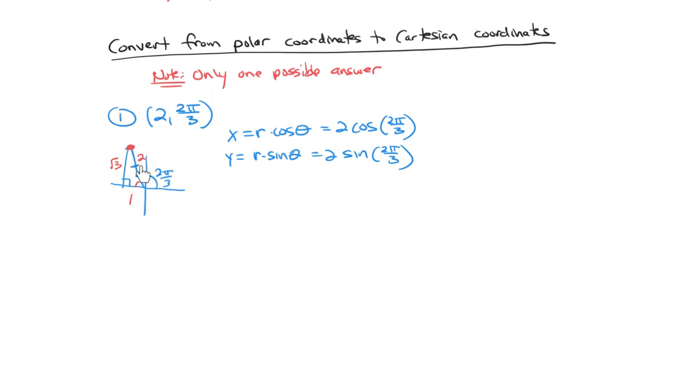So this is the 30, 60, 90 special triangle, right? Pi over 3 here, it's the 60-degree angle. Pi over 6 here, 30-degree angle. And then this is the breakdown of the sides.